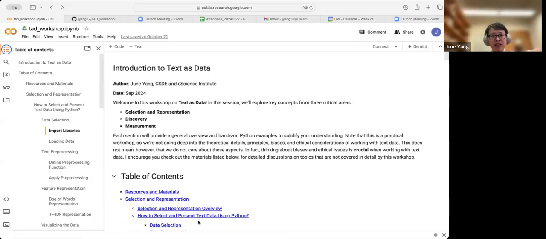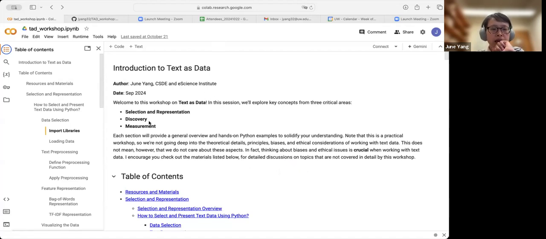Okay, so this is an intro to text data. If you scroll down the table of contents, this is the main material that we'll be covering today. Mainly, I will be introducing three broad sections. The first is on selection and representation, basically how we represent text data numerically.